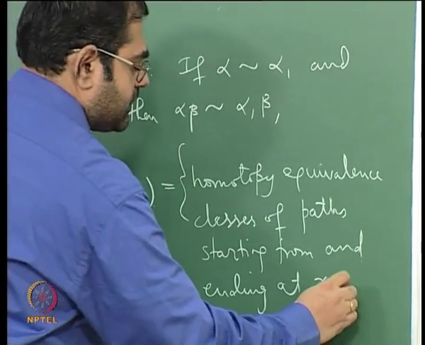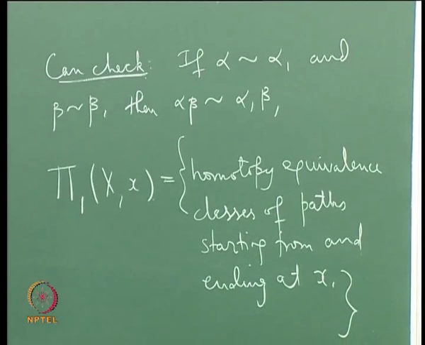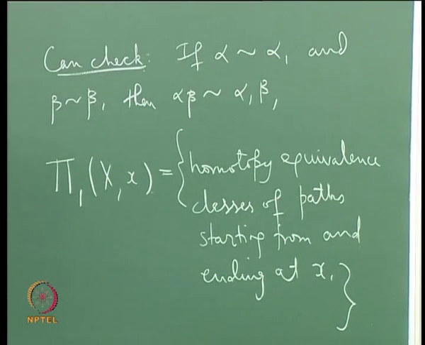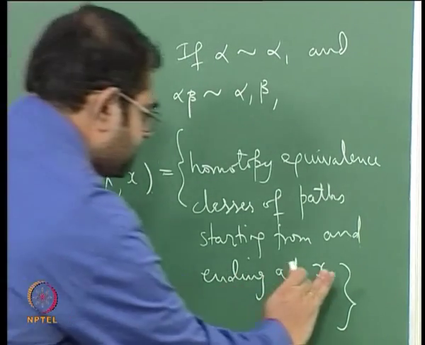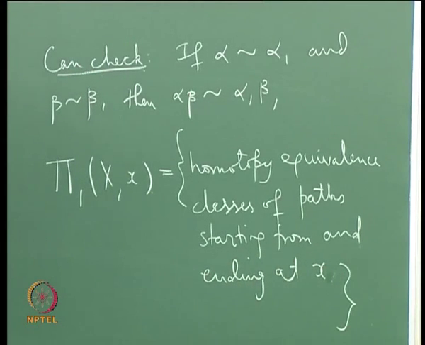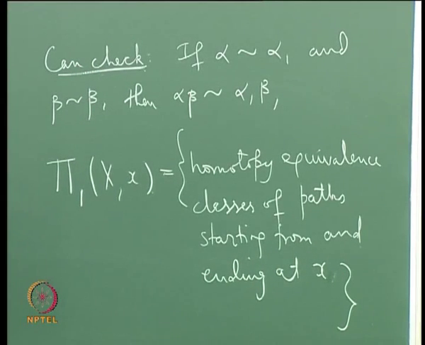So it is a set of homotopy equivalence classes of paths starting from and ending at the point x. So essentially these are loops starting at x and ending at x, alright.